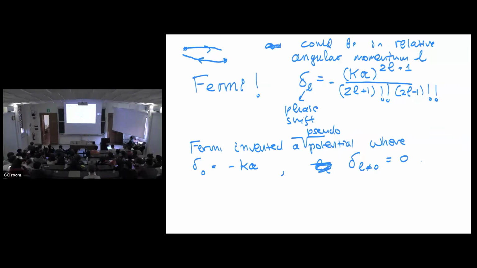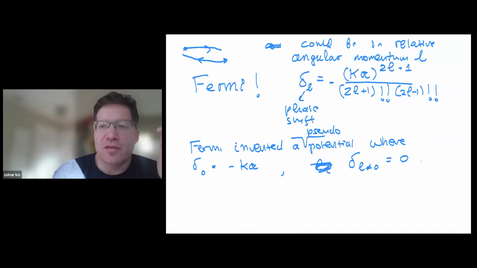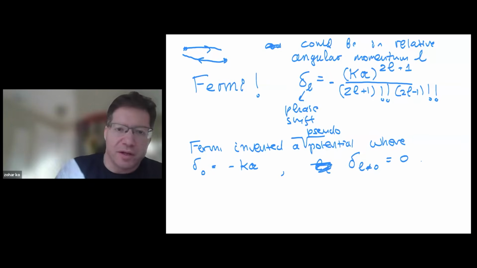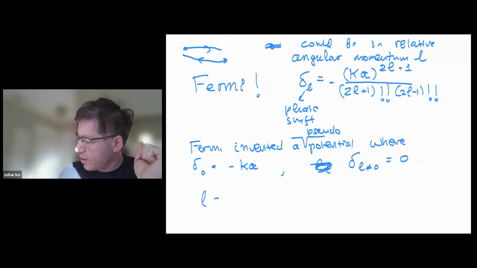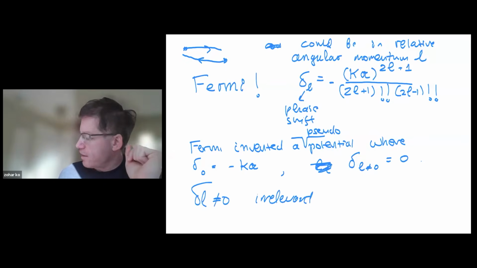Thirdly, it's a technically good approximation in the sense of particle physics, because you will see soon that I'll write an action for n particles living in a bucket. It turns out that the higher phase shifts are irrelevant operators in the RG sense. Interactions in this channel are irrelevant in the RG sense in many, many cases.